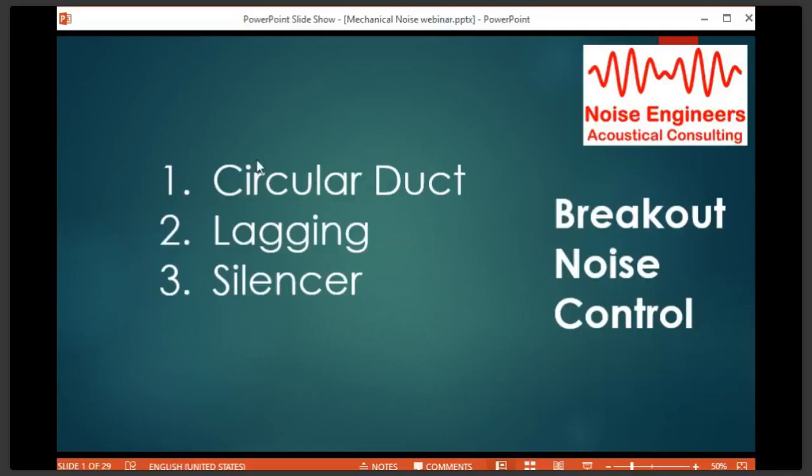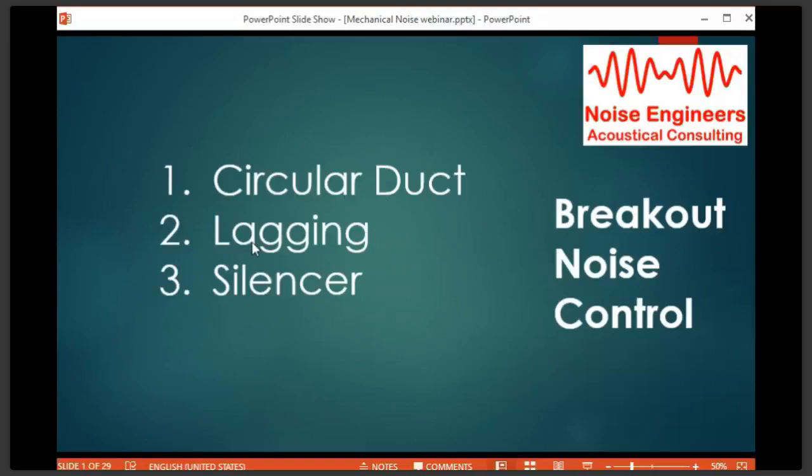Sometimes it's fine to have it break out just over non-noise sensitive spaces underneath the unit or right next to the unit room, and then further downstream you'd be okay. But if it breaks out right there at a noise sensitive space, circular duct's an option.